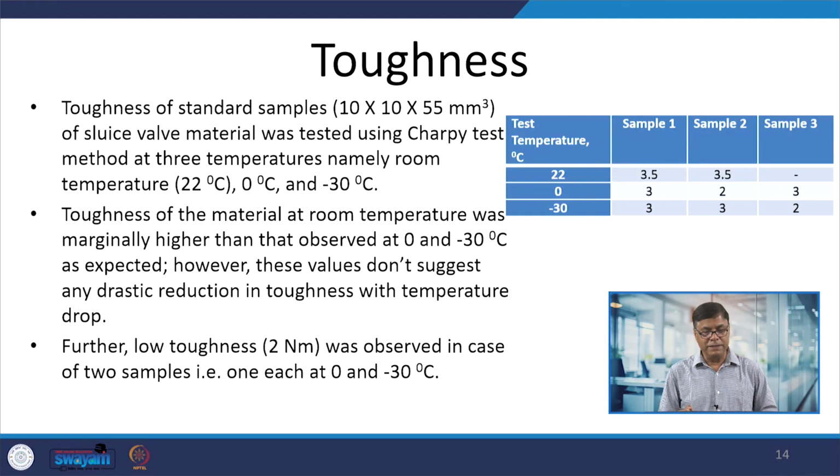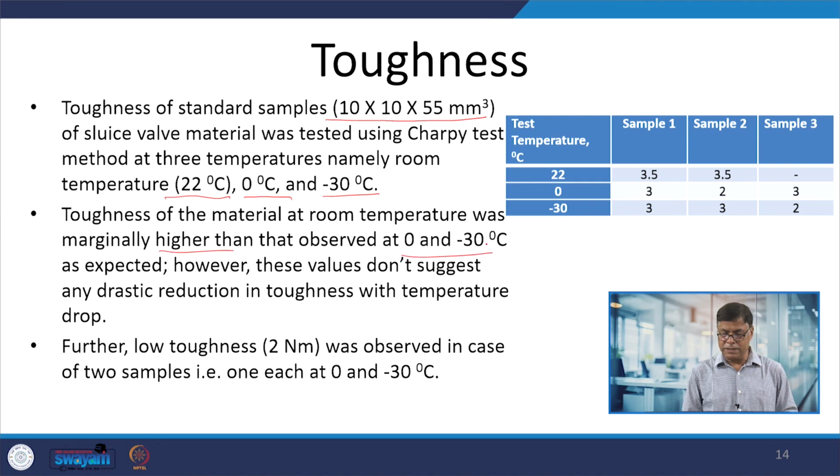Similarly, the toughness tests were also conducted using samples of 10 by 10 by 55 mm, and this test was conducted at three different temperatures: -30, 0 and 22 degrees centigrade. The toughness of the material at room temperature was marginally higher than under the low temperature conditions of 0 and -30, and no major drastic reduction in the properties was observed.